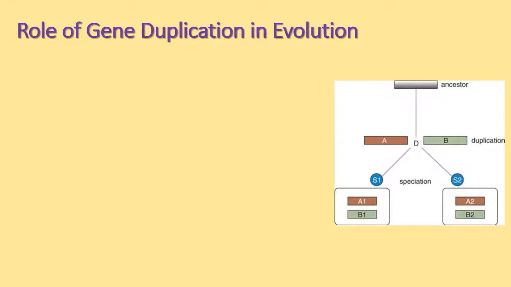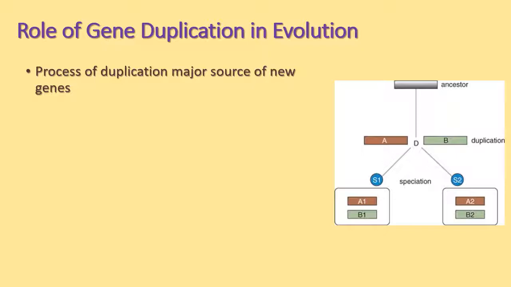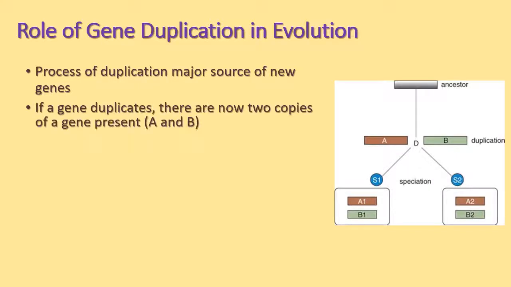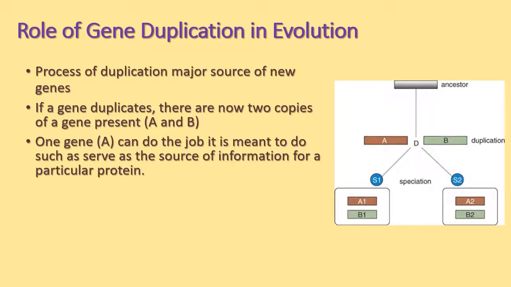So gene duplication is actually really important for genetic variation because if you have an essential gene and it gets copied, that gives you the opportunity to play around with that second copy, and you still have the original copy intact to carry out the function.